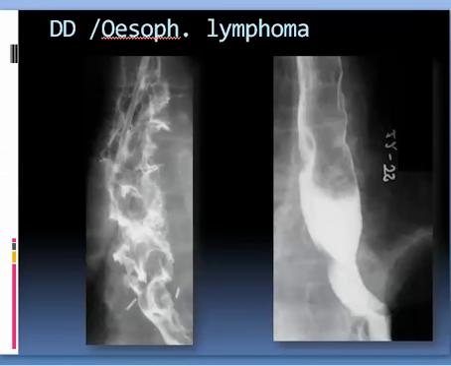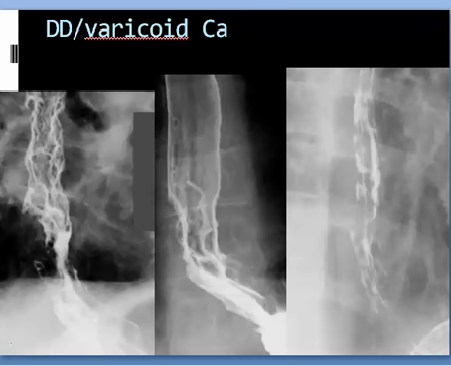Now, I think the irregularity is evident, and it is different from that of longitudinal filling defects of varices. So we could put varicoid carcinoma, and we can put lymphoma because it is more applicable here. These are different appearances of varicoid carcinoma.